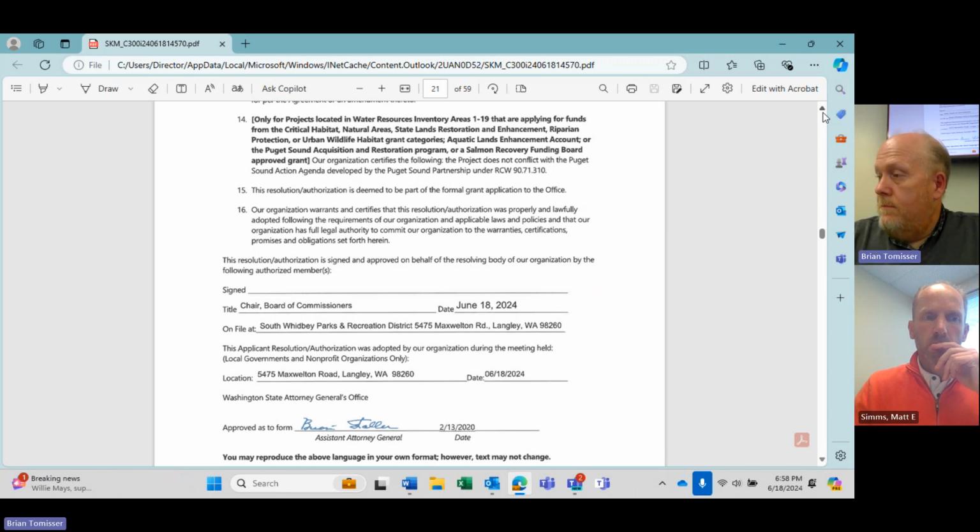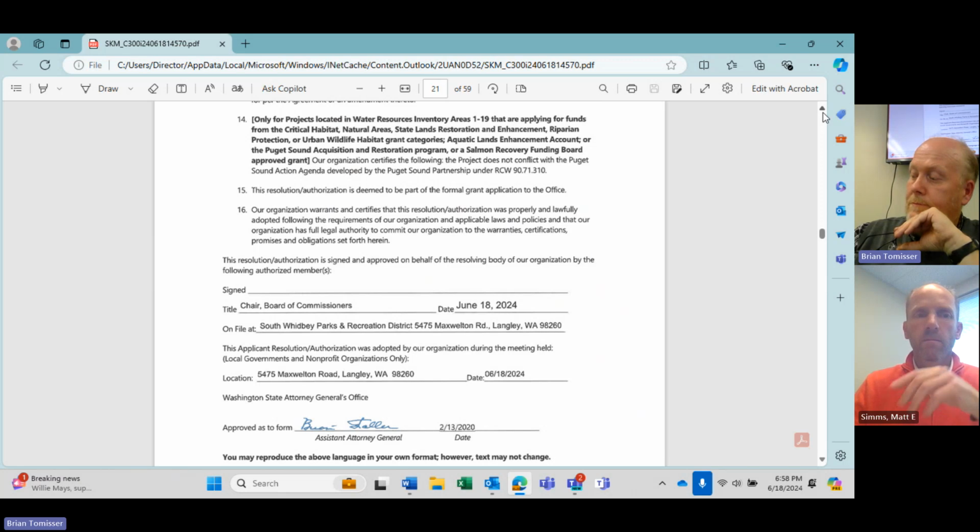I'll second that motion. It has been moved and seconded to approve the applicant resolution authorization under resolution 2024-03, project number 24-2007, South Whidbey Aquatic Recreation Center, LWCF. All those in favor say aye. Krista, aye. Jake, aye. Matt, aye. Jennifer, aye. All those opposed say nay. The ayes have it and the motion passes.